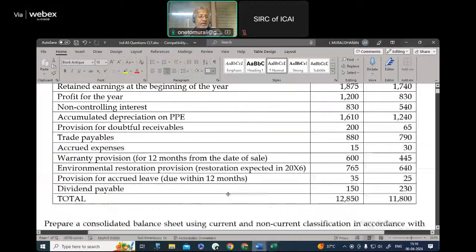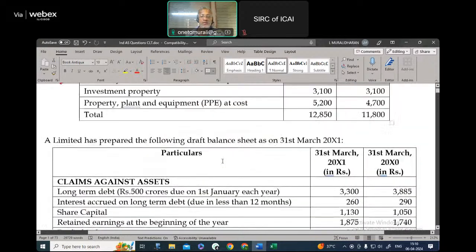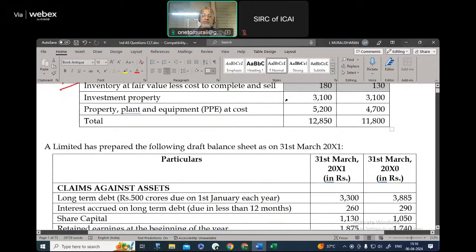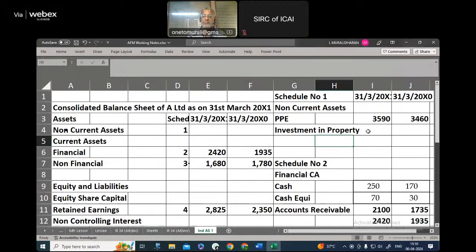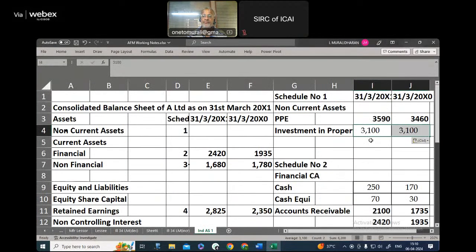Investment in property, they have provided 3,100. The sum of these two is this. Sum of these two is this.